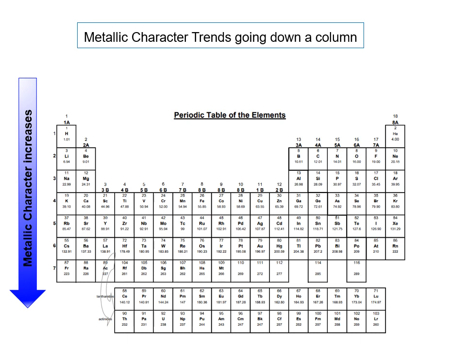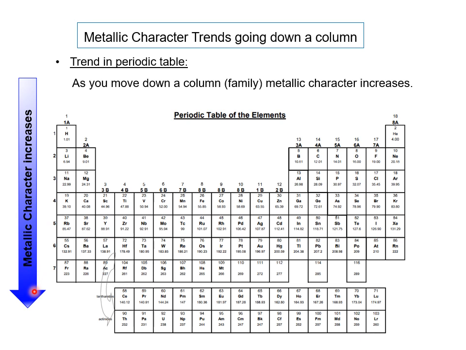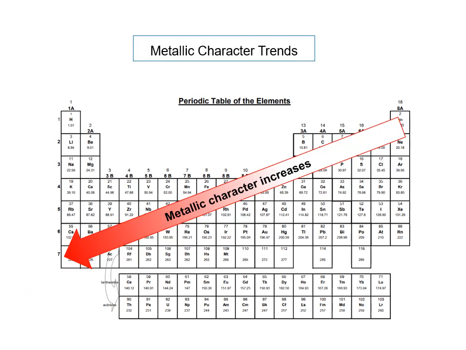All right, so we can just see here that as we move down a column, metallic character increases, right? And like we said, it increases because ionization energy decreases, and that's because those electrons are less tightly held, so more easily to be taken off. And then here is the trend in metallic character.